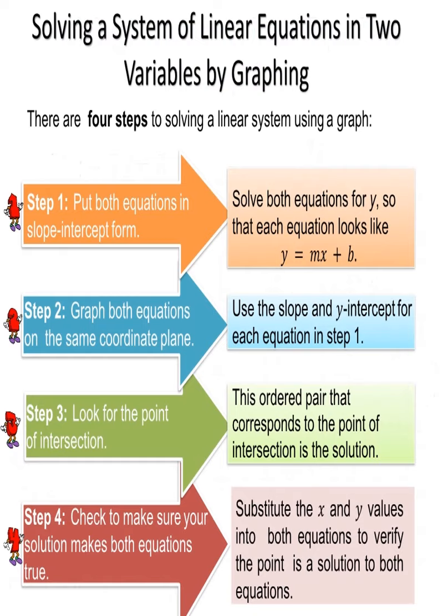So this is our summary. When we solve a system of linear equations in two variables by the graphical method, there are usually 4 steps. Try to remember them and practice yourself so that it becomes easier to solve. First step, put both equations in slope-intercept form. Second, draw the graph of both equations on the same graph paper.